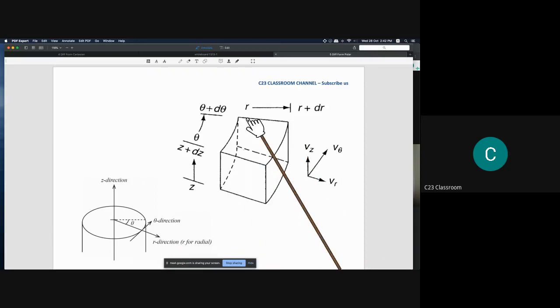This is the axis of r, this is the axis of theta, and this will become the axis of z. Because this is a small portion of the total fluid, we could say that the length of this one is delta r, the length here is delta theta, and the length here is delta z.